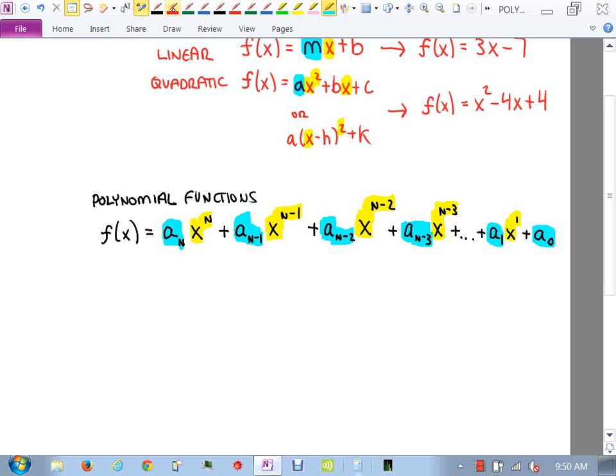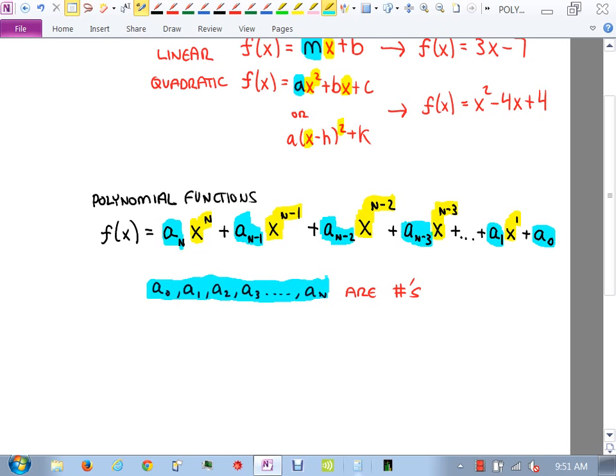So here's what I have underneath this. A sub 0, A sub 1, A sub 2, A sub 3, all the way out to A sub n are just numbers, right? And those are all my blue highlighted things, right? All my blue highlighted things are just numbers. Agreed?